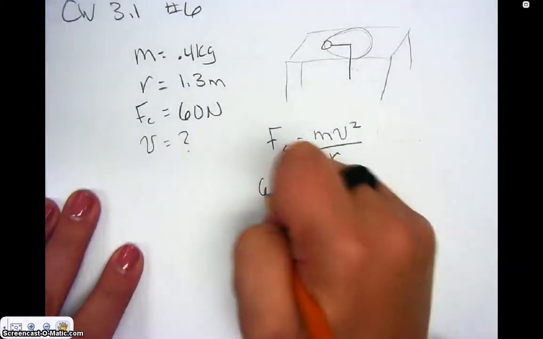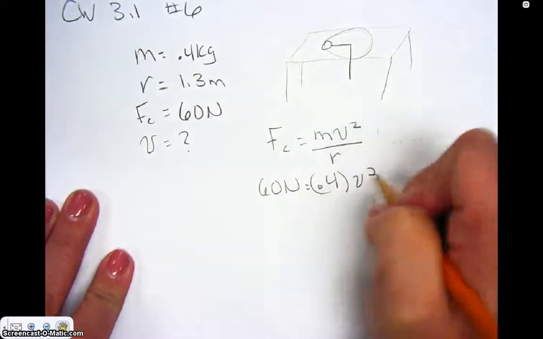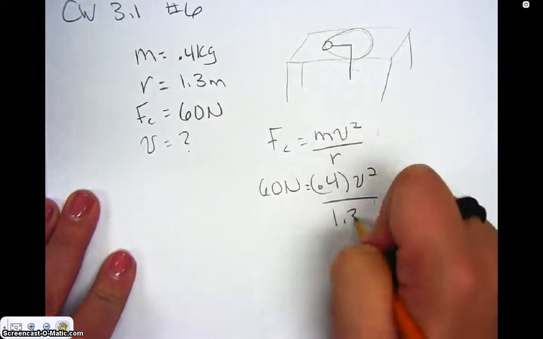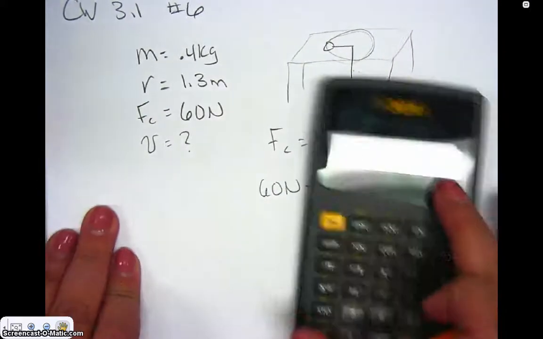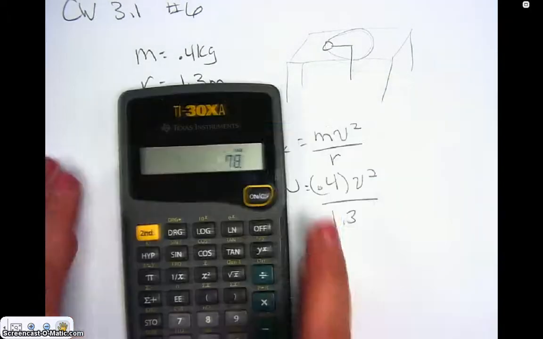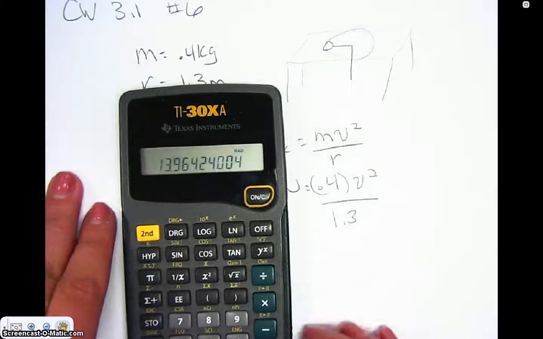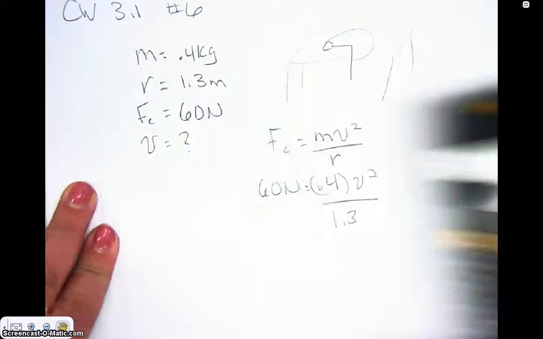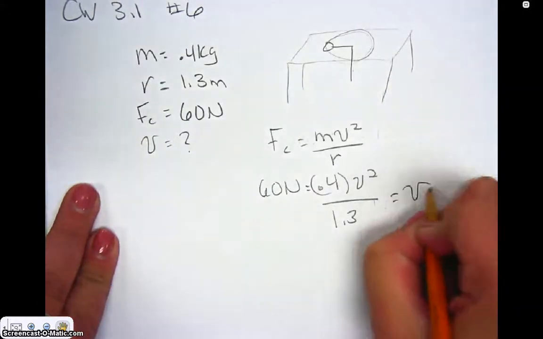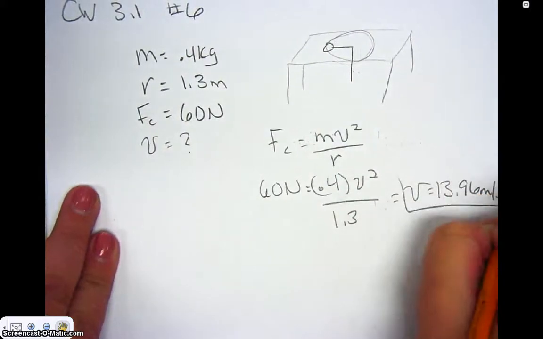So 60 newtons equals the mass times the velocity squared, all over 1.3. We take 60 times 1.3, divide by 0.4, and then take the square root, and we get 13.96. So the velocity is 13.96 meters per second.